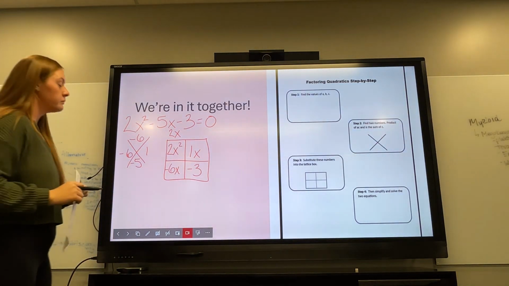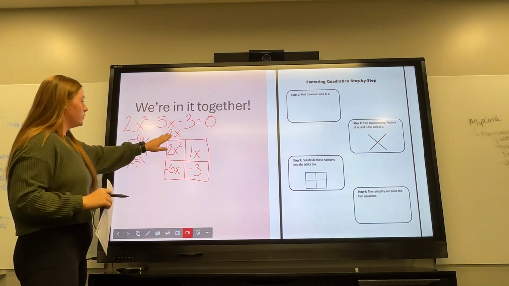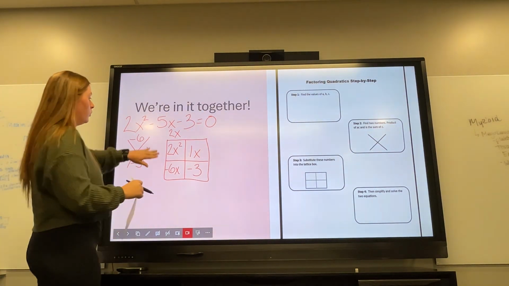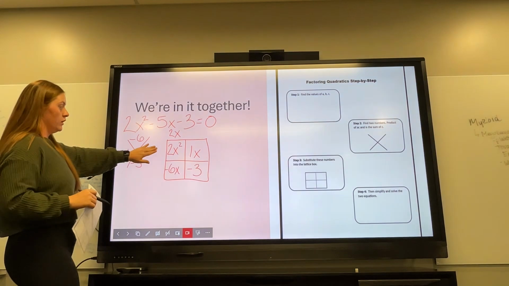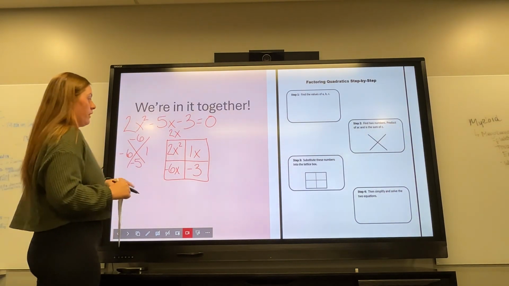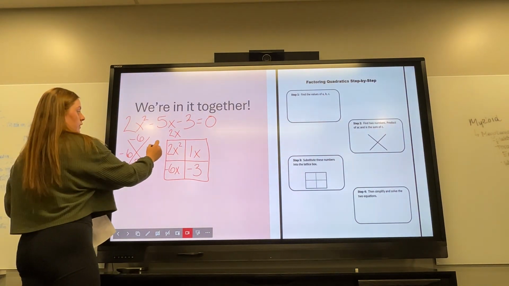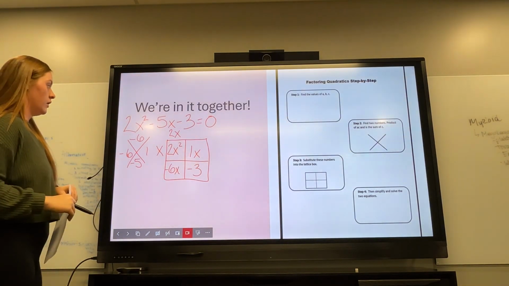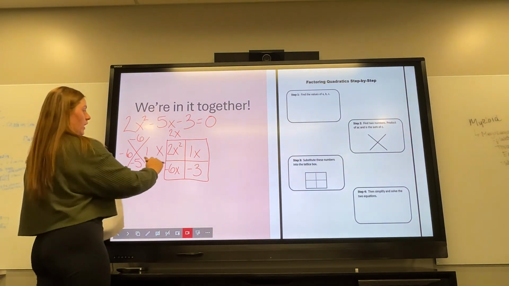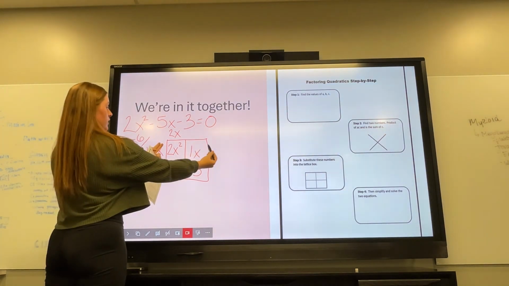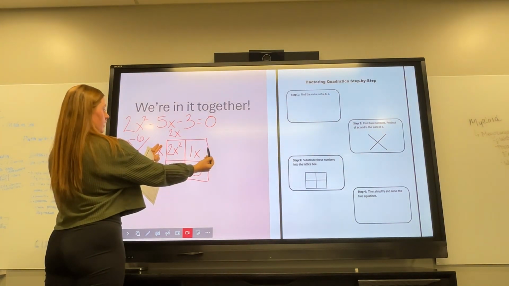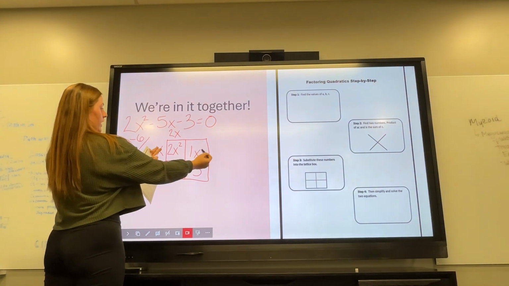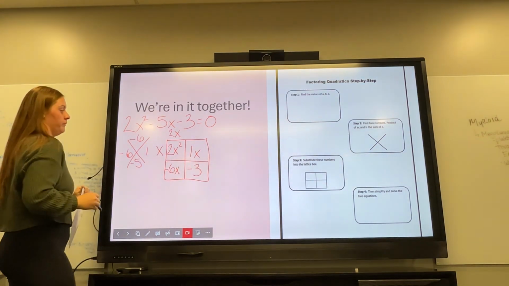Okay. 2x times what, that we're going to put right here, multiplies to 2x squared? Say x. Because you can factor out an x from 2x squared, and from 1x you can factor out an x there too.